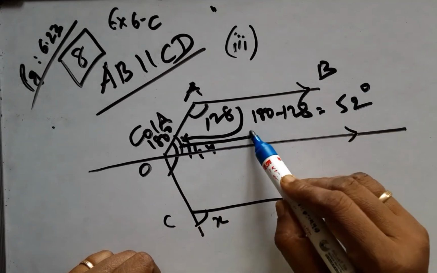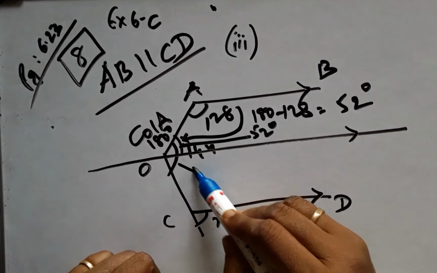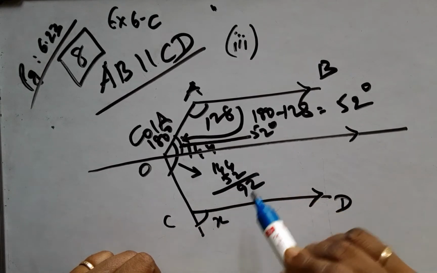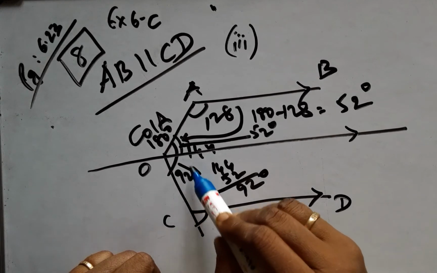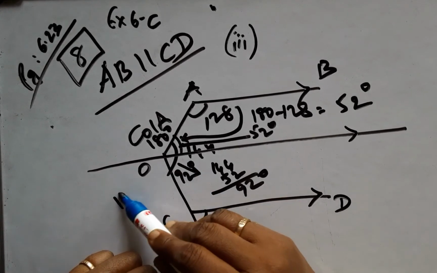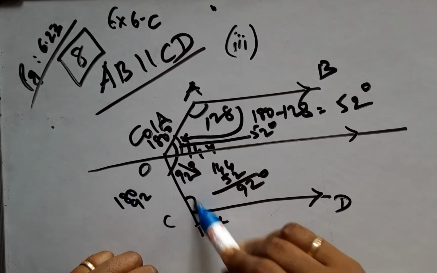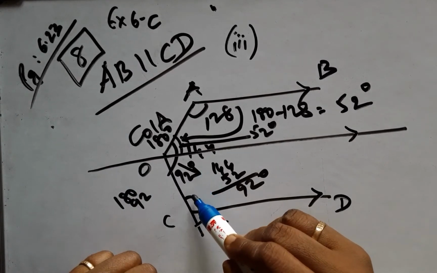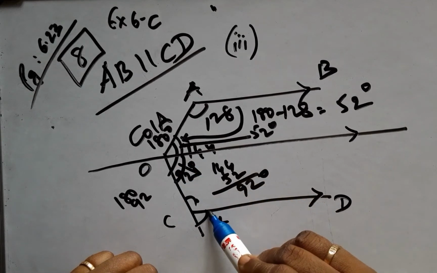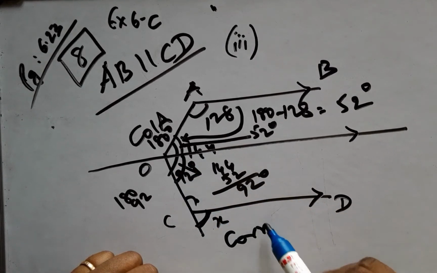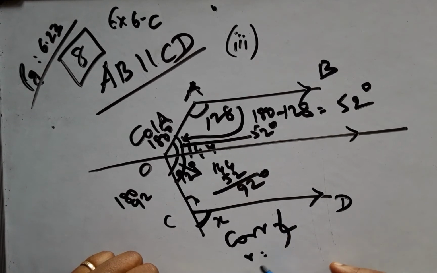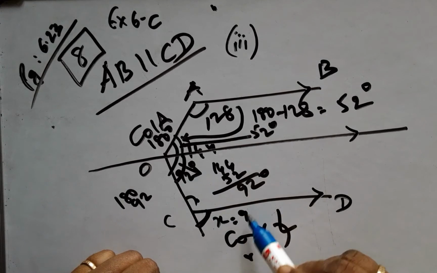If this is 52, then this is 180 minus 52, which is 92 degrees. If this is 92, then again the sum of these two will be 180, and therefore I can arrive at this. Even before arriving at this, these two happen to be corresponding angles, and we know that corresponding angles are always equal, therefore X is 92.